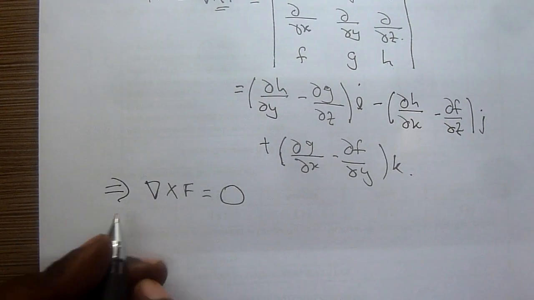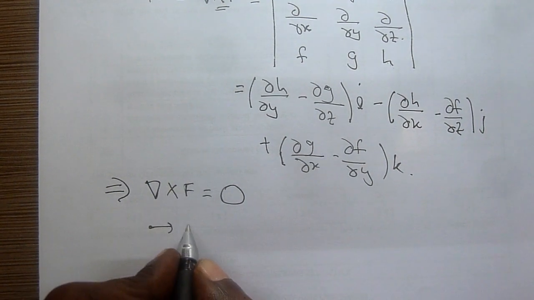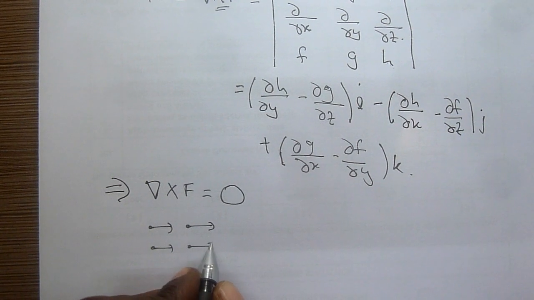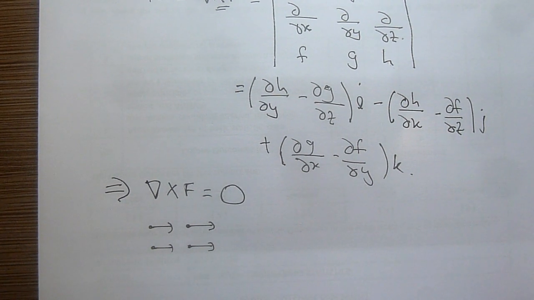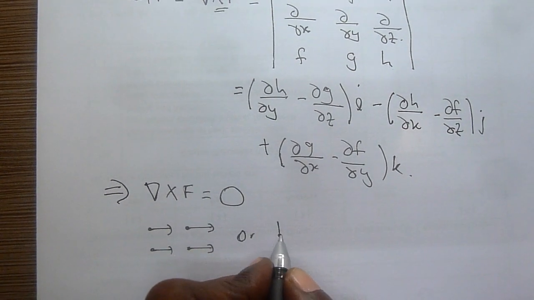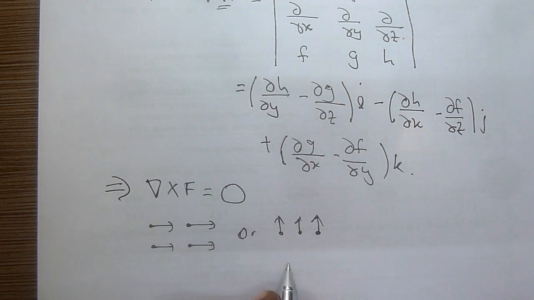That means the vector field will be all linearly directed, or you can see the progress will be straight.